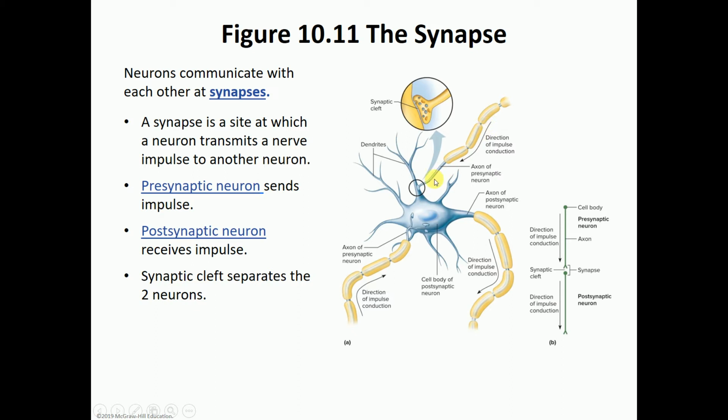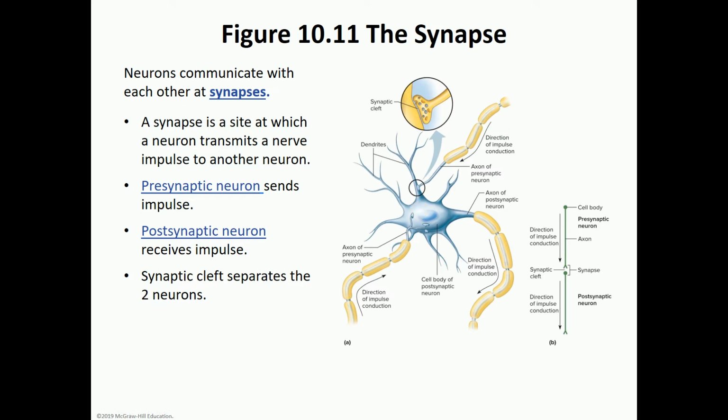So this neuron before the synapse is known as the presynaptic neuron, and the neuron after the synapse is the postsynaptic neuron. So the impulse will be going from presynaptic neuron to the postsynaptic neuron.